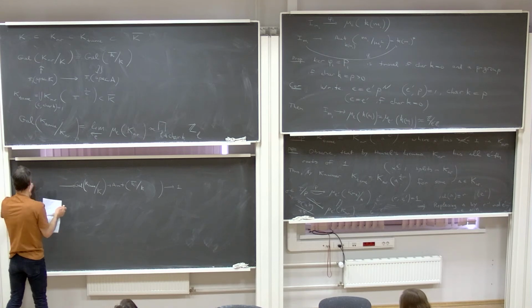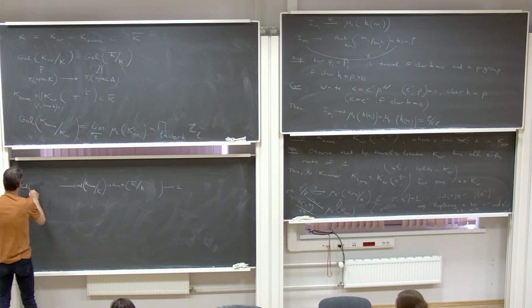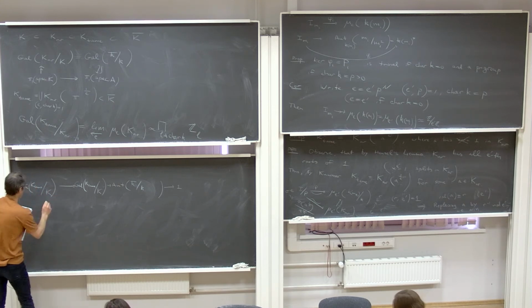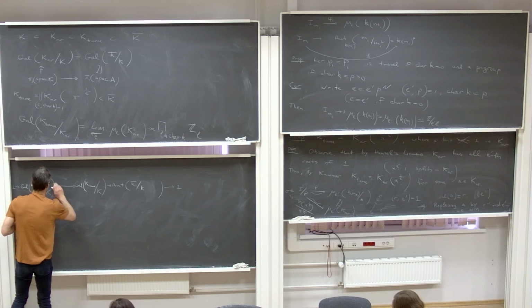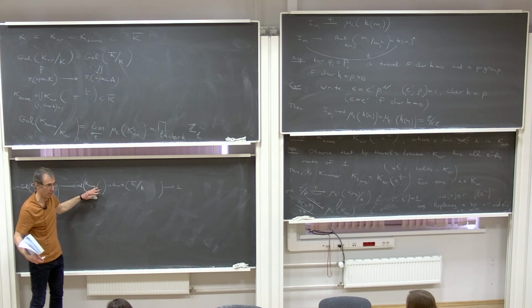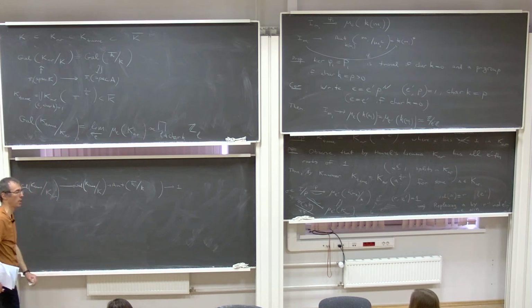Well, I won't use inertia anymore. So this is the Galois group of K tame over K non-ramified. So we have a short exact sequence of groups. These two groups are abelian, but the extension need not be abelian. But you can compute explicitly what this extension is.